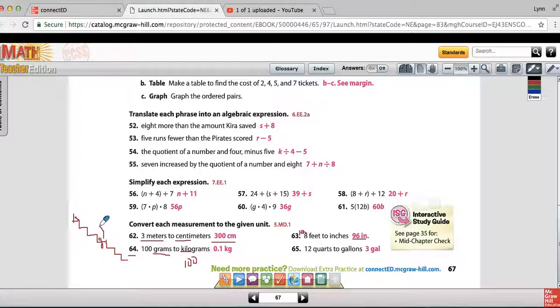And if we're going up the staircase 1, 2, 3, we're going to move the decimal place 1, 2, 3 to the left. And so we get 0.1 or 1/10 of a kilogram. For 65, quarts to gallons, there are 4 quarts in every gallon. So if we divide 12 by 4, we get 12 quarts is 3 gallons.